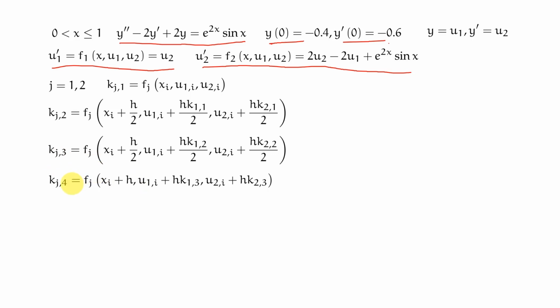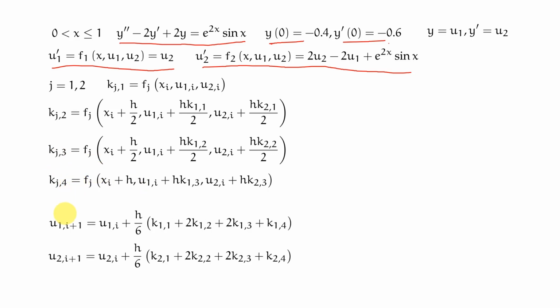After I calculate all these k's, I can now update u1 i plus 1 as u1i plus h by 6 times (k1 plus 2k2 plus 2k3 plus k4).